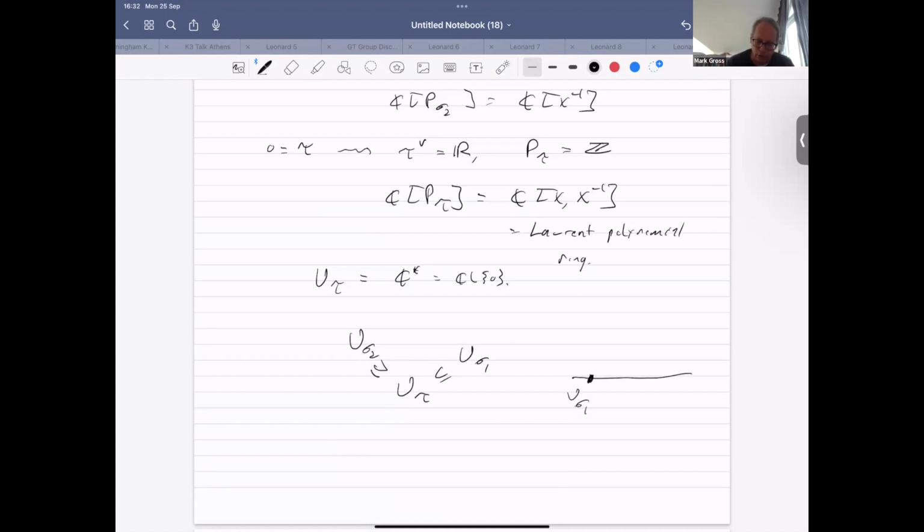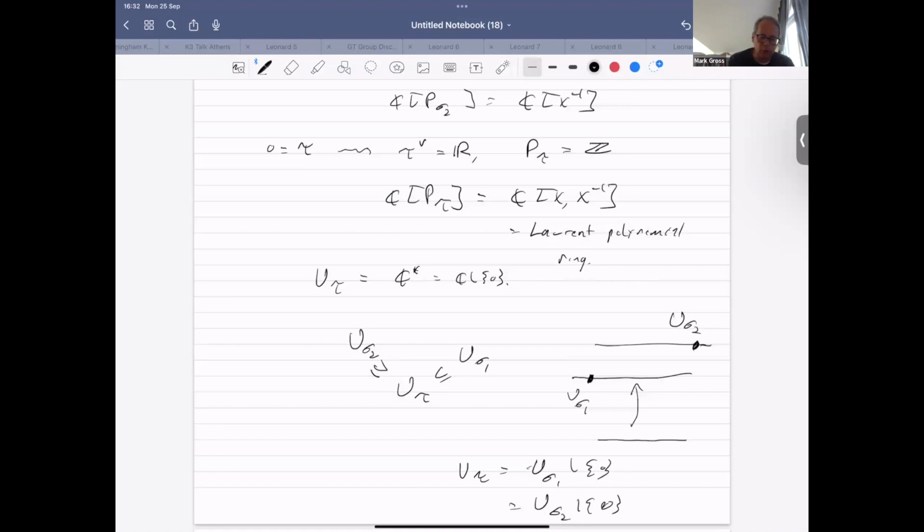So U sigma 1 looks something like this. U sigma 2 looks something like this. And U tau is just a copy of C star, which can be viewed as identified with A1 minus the origin. So U tau is equal to U sigma 1 minus the origin, and is equal to U sigma 2. I want to think about it as U sigma 2 minus infinity, because of course x inverse is 0 at infinity.